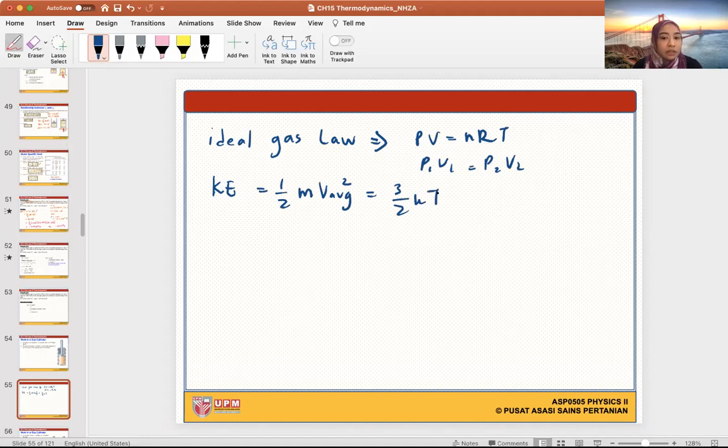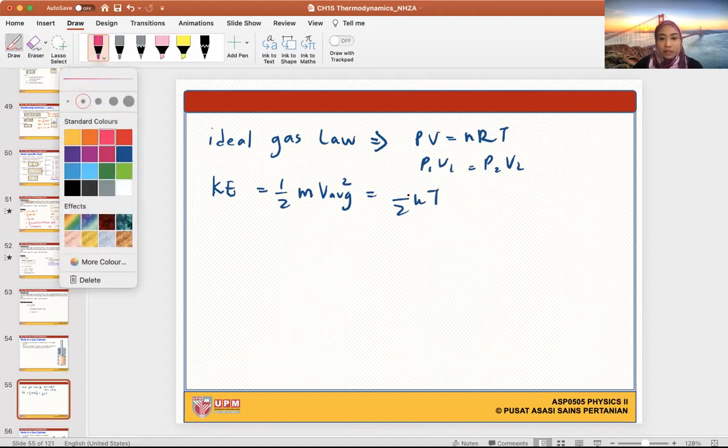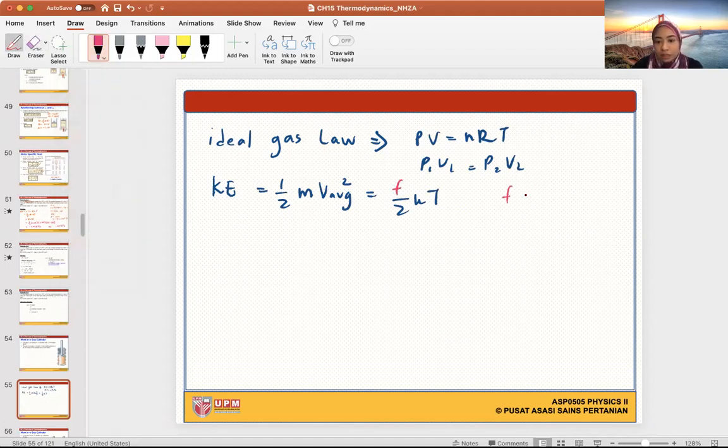And we have learned about the degrees of freedom, which means that we can generalize this equation to become F. Okay, and the degrees of freedom is 3 for mono, 5 for di, and 7 for poly. Okay, kita dah belajar pasal ni. So we know that the degrees of freedom affects the KE. So it should be affecting a lot of other equations too in chapter 15.